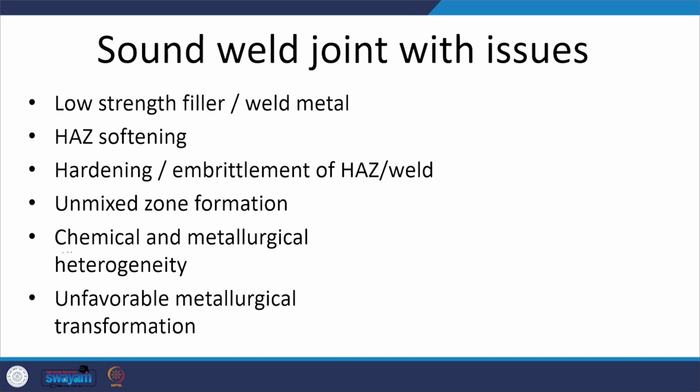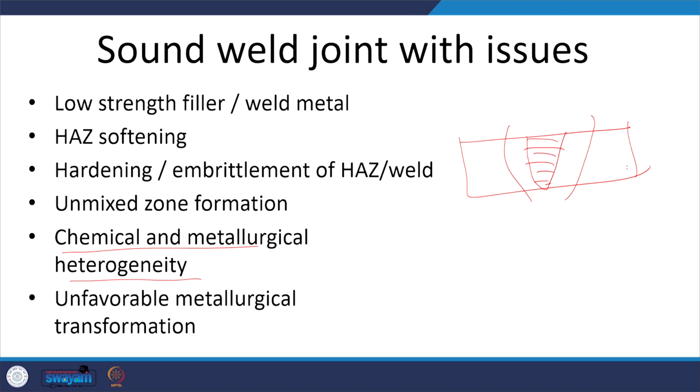Then chemical and metallurgical heterogeneity, this is very common in all types of weld joints, we will never see the same set of properties as that of the base metal, whatever method of joining is applied, because the weld zone definitely will be showing the different set of properties than the heat affected zone and then the base metal. So, you have HAZ, you have weld and you have base metal, both the sides.